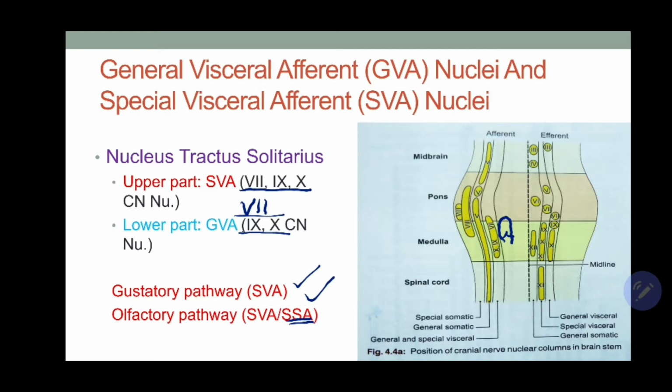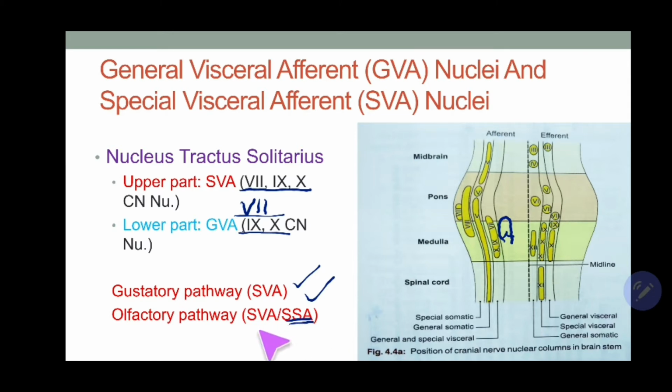Both the 8th and 2nd nerves are considered special somatic afferents. So they say olfactory should also be considered special somatic afferent, because the olfactory epithelium is derived from ectoderm.